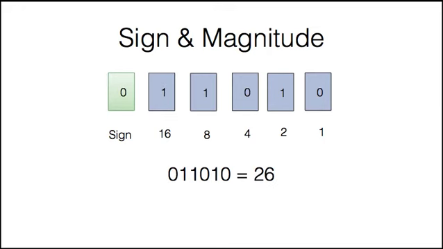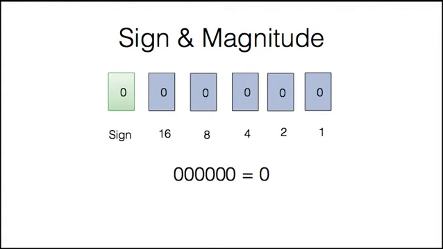We could say 26 is 11010 with a 0 in front of it, and minus 26 is 11010 with a 1 bit in front of it. And that could work quite well. We call a system like that sign plus magnitude. The first bit gives us the sign of the number, and the magnitude is the rest of it.